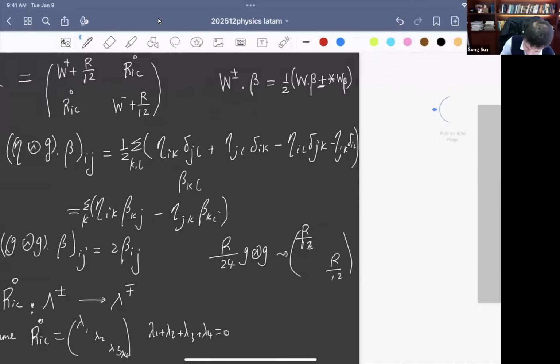Okay, so then we can go to the next page. The traceless Ricci acting on beta ij will give you, by the formula before, this formula.